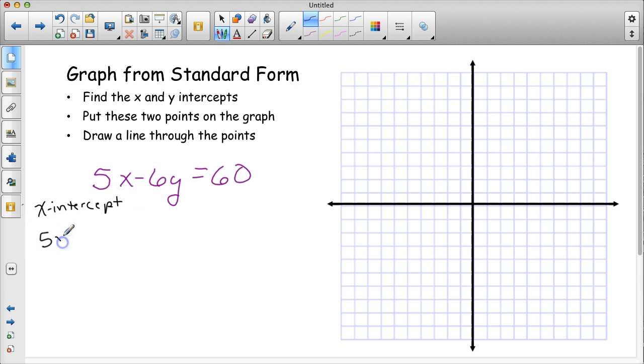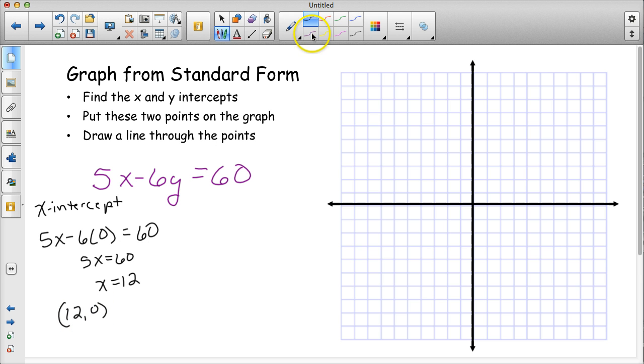So I get 5x minus 6 times 0 equals 60. If I simplify that, 6 times 0 is 0, so 5x equals 60. And when I divide by 5, I get x equals 12. That means that I have the point 12, 0.